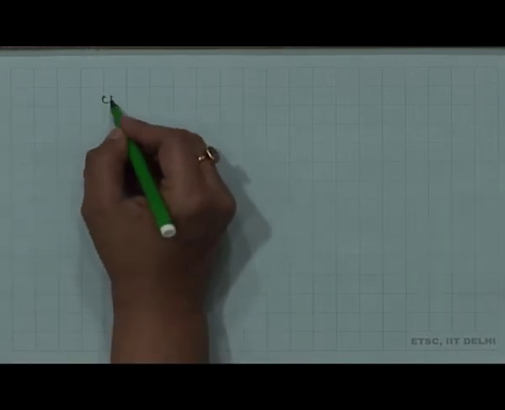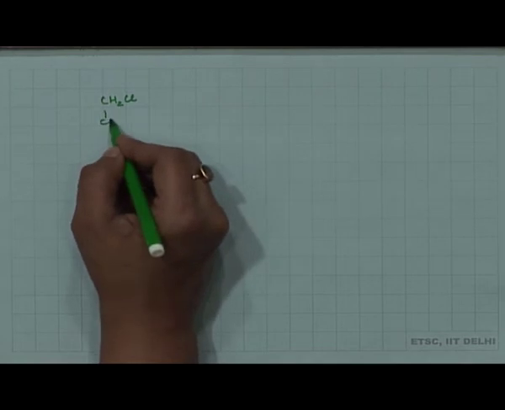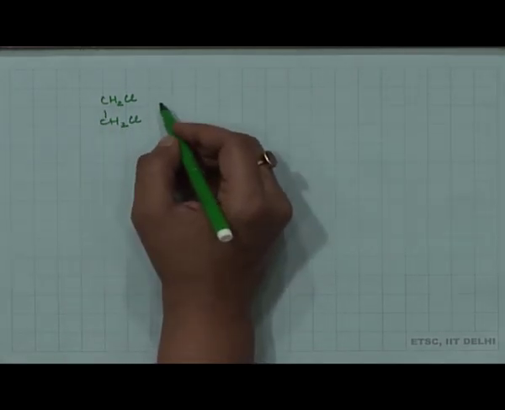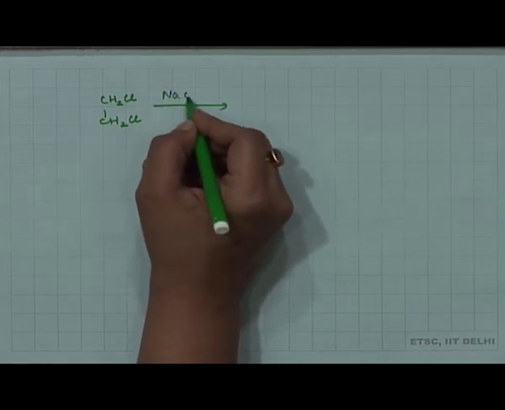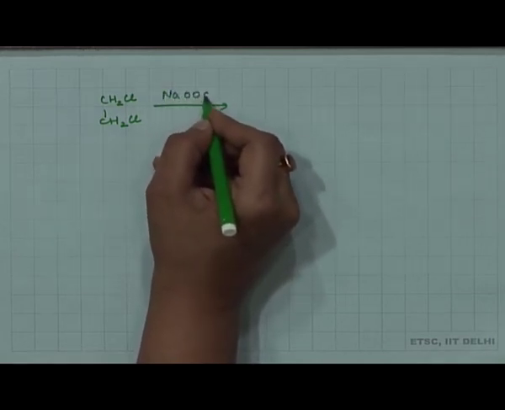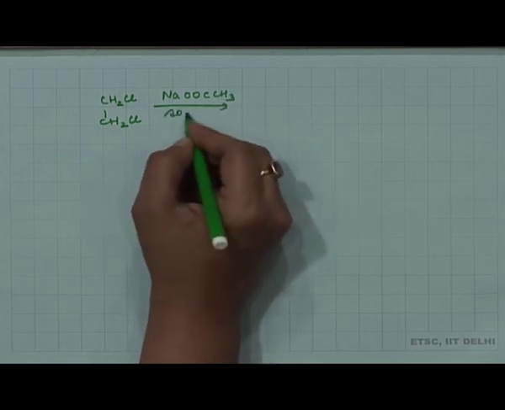A revised version of this method would be that you start with the same dihalide compound and treat it with fused sodium acetate.